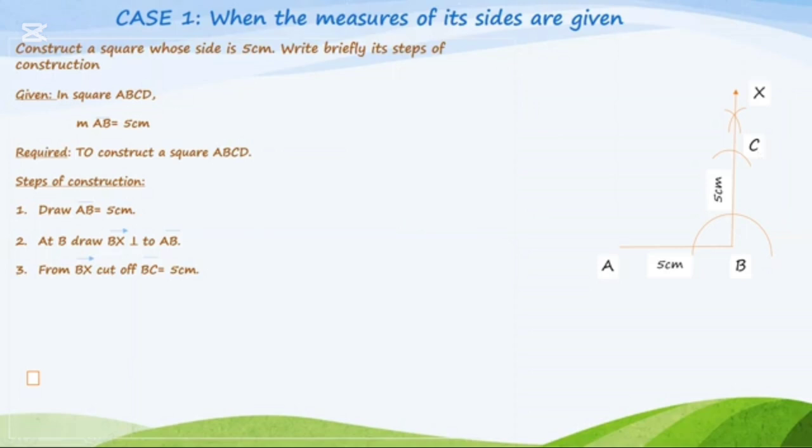Or you can say that with B as center and radius 5 centimeter, draw an arc which cuts BX at point C. Clear?